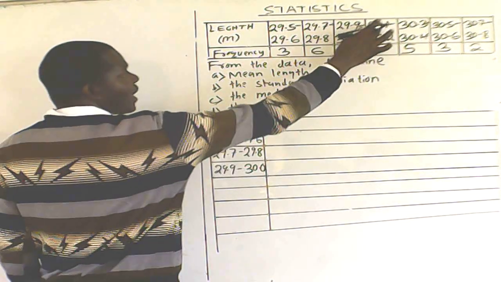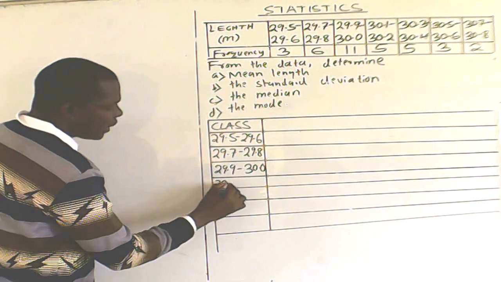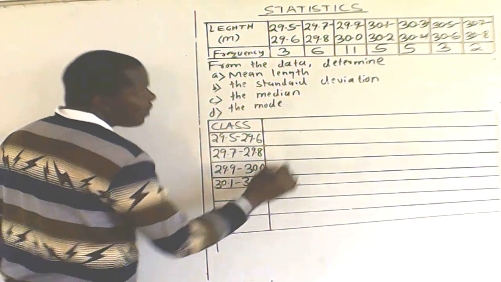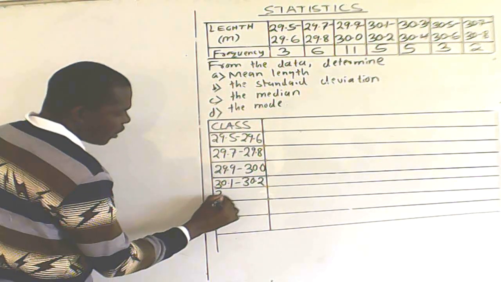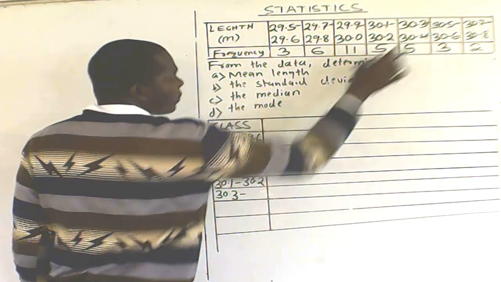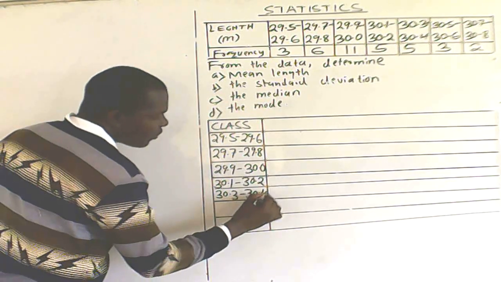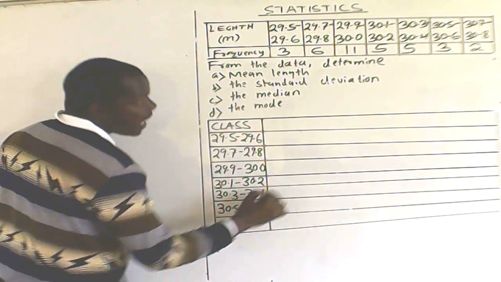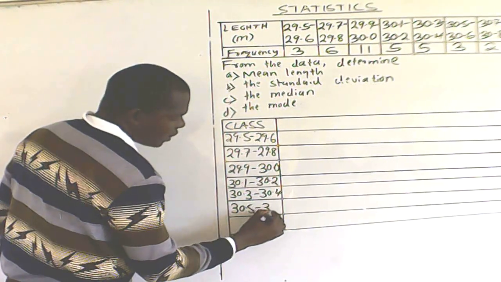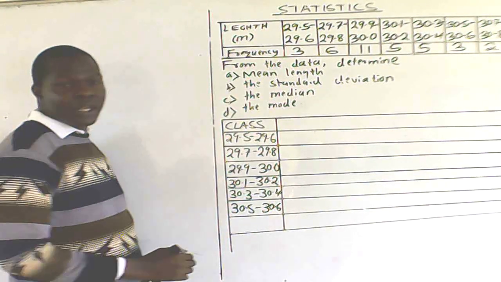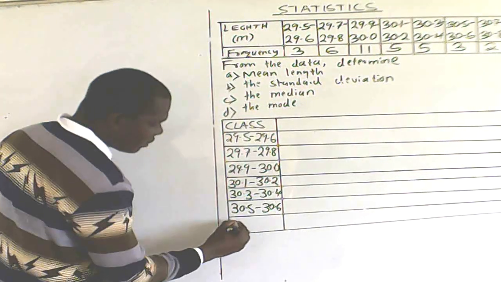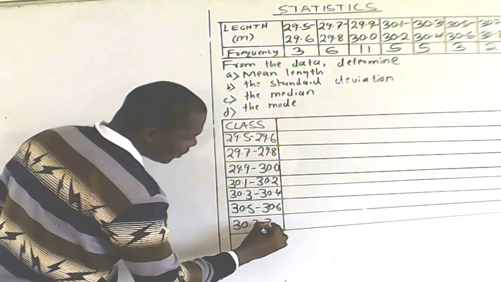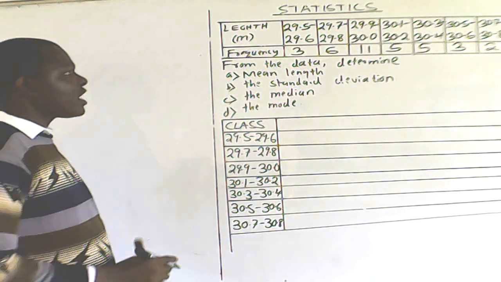Then the next class is 30.1 to 30.2. Then the next class is 30.3 to 30.4. Then the next class is 30.5 to 30.6. Then the next class is 30.7 to 30.8. So we've represented the classes.